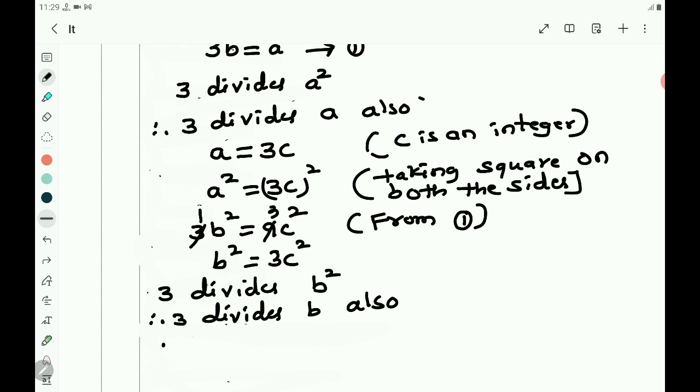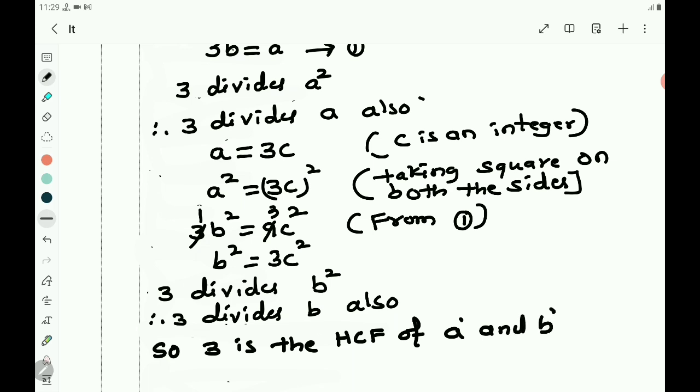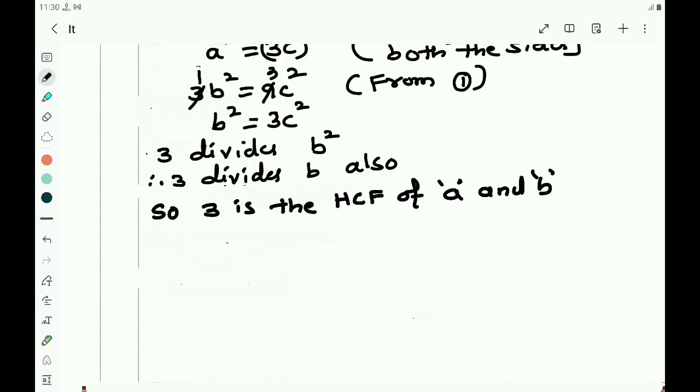So 3 is the HCF of a and b, but here we have taken a and b as co-primes.